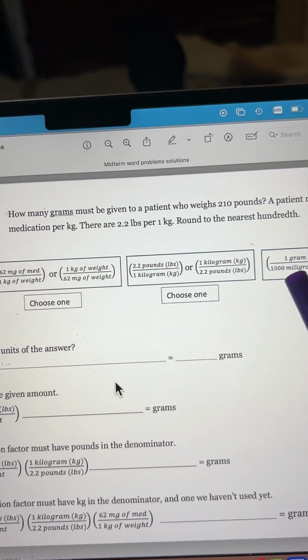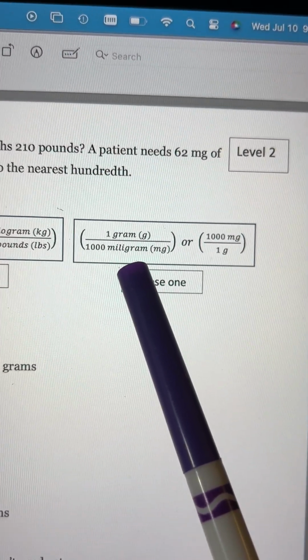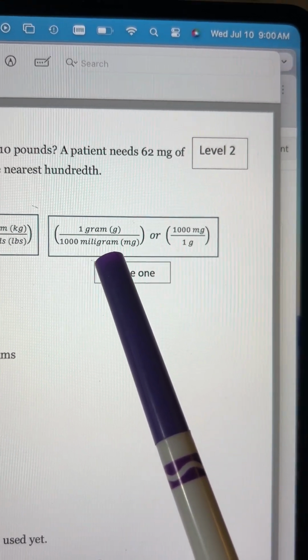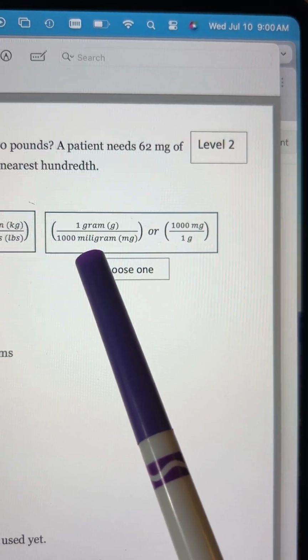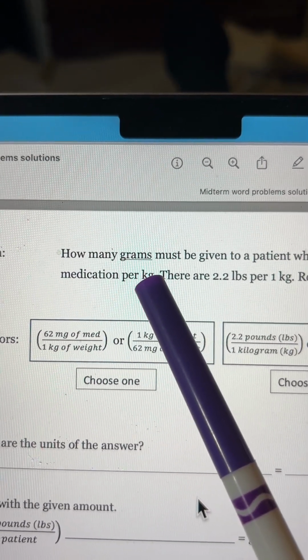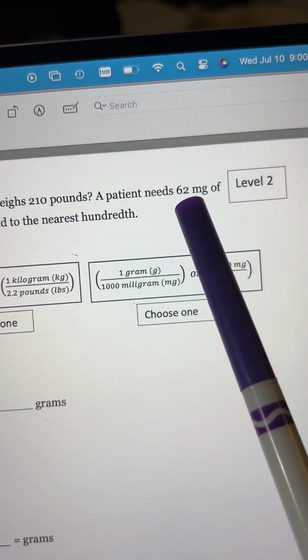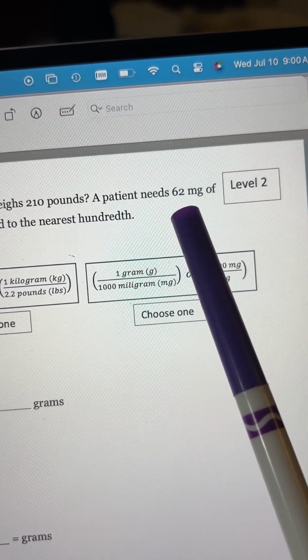This one is not given in the problem, but typically you're going to have to do a little conversion within the metric system. And the clue is, look at this. The problem is how many grams must be given, but the medicine is in milligrams.